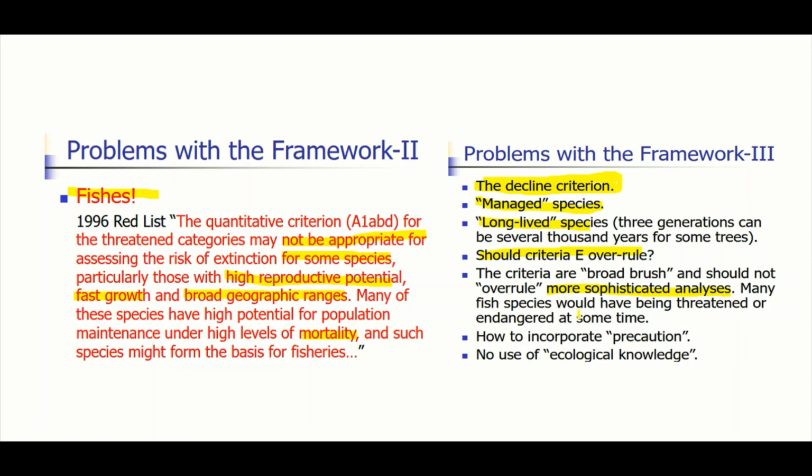Many fish species would have been threatened or endangered at some time if we just used these criteria. So that's why we are saying that it may not be the only way. We have other sophisticated analyses, and then how to incorporate precaution, and then no use of ecological knowledge. Those are some of the problems that we are facing with this framework.